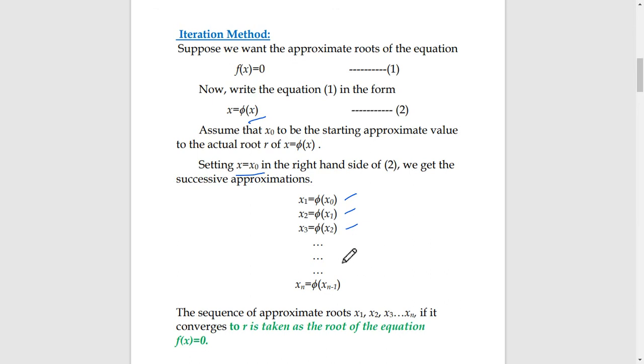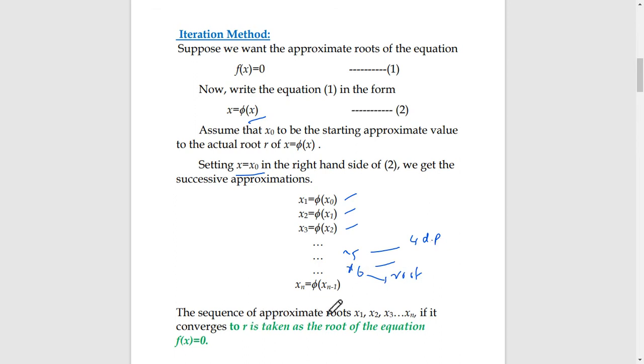Suppose while doing a problem, you get the fifth iteration and the sixth iteration both with the same value up to a certain number of decimal points, say up to 4 decimal points, then we say that x6 is the root, because we got two iterations with the same values.